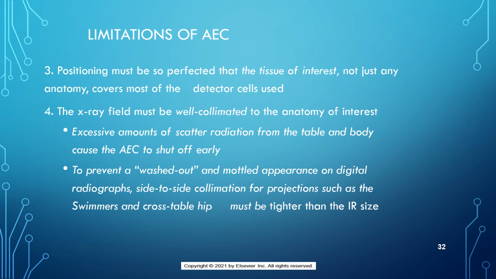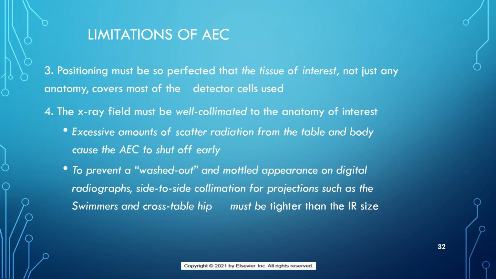Okay? The second thing is you want good collimation. If you've got a lot of raw primary beam hitting the image receptor, then expect your exposure to terminate prematurely. If you're not collimated down, I say this all the time, it's the swimmers.